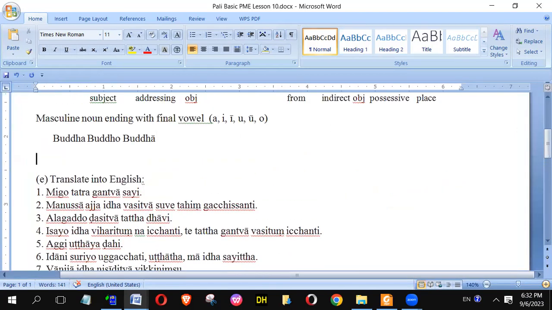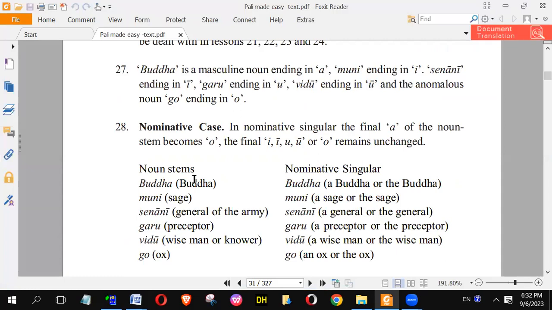So let's go back to Pali Made Easy again. This one we call the stem. Buddha is not Buddho. Buddha is a stem. Here, I think they typed it wrongly. The singular should be Buddho.